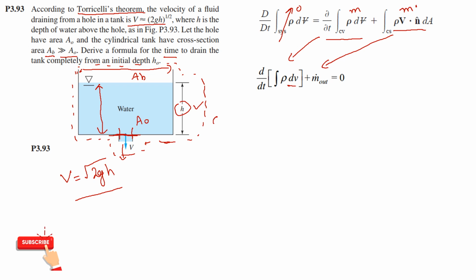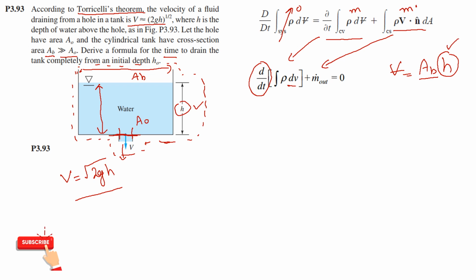We can write the volume V equal to area AB into h. This area will remain constant, but the height of the water will change inside this tank. So we are going to apply this derivative, that is change with respect to time, on this height h.